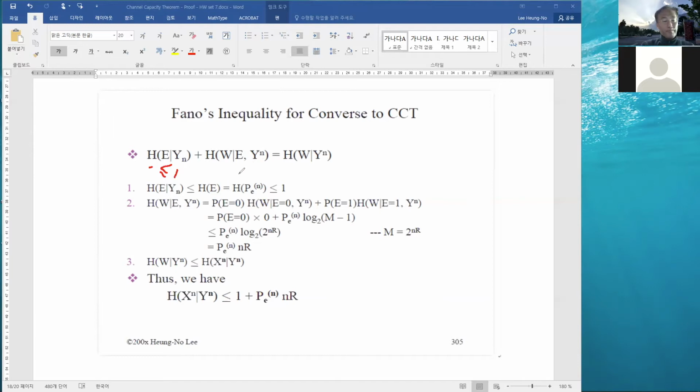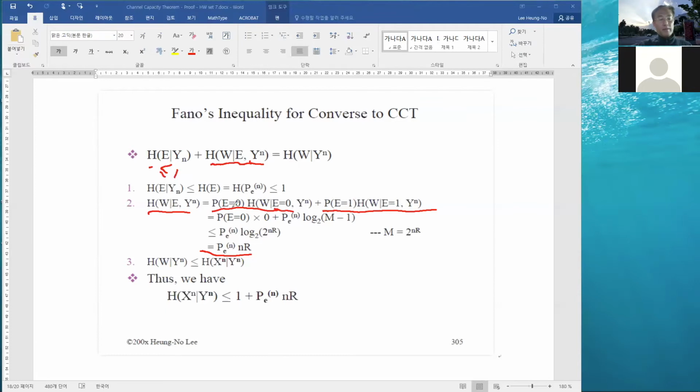And for this one, we have done the decomposition as we have done in the past. We evaluate for E equal to 0 first, then E equal to 1 next, and then we need to combine the two.